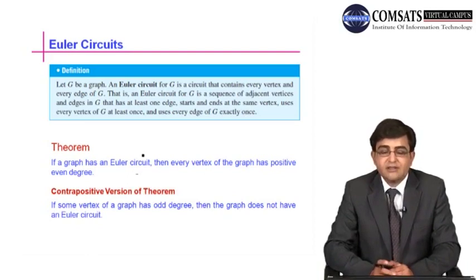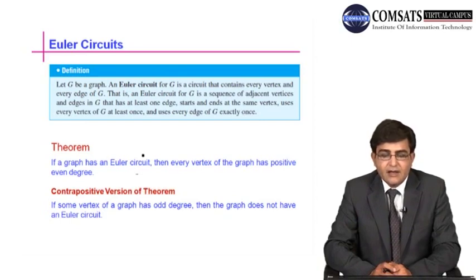In the previous lecture we discussed the definition of a circuit: the starting and ending point of a circuit is the same, edges cannot be repeated in a circuit, and vertices can be used at least once. So an Euler circuit for G is a circuit that contains every vertex and every edge of G.